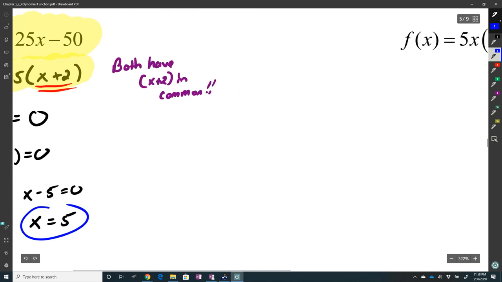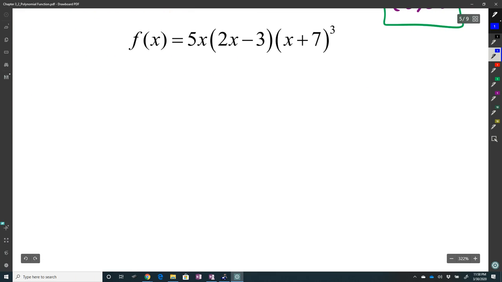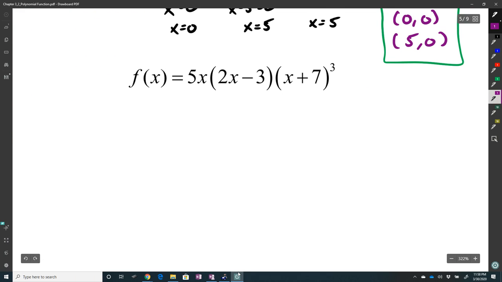So now let's move on to this last one. And now, luckily, notice that this is already pre-factored. And since it's pre-factored, I don't have to do anything.